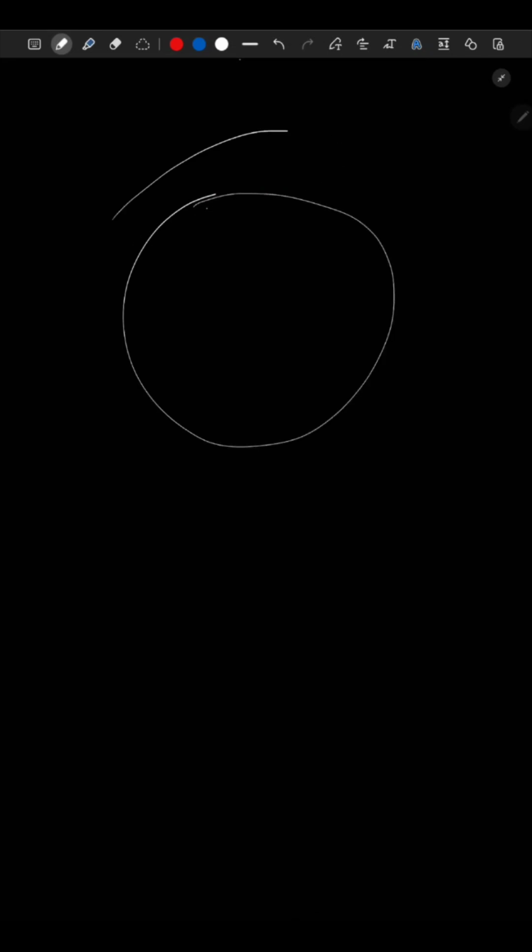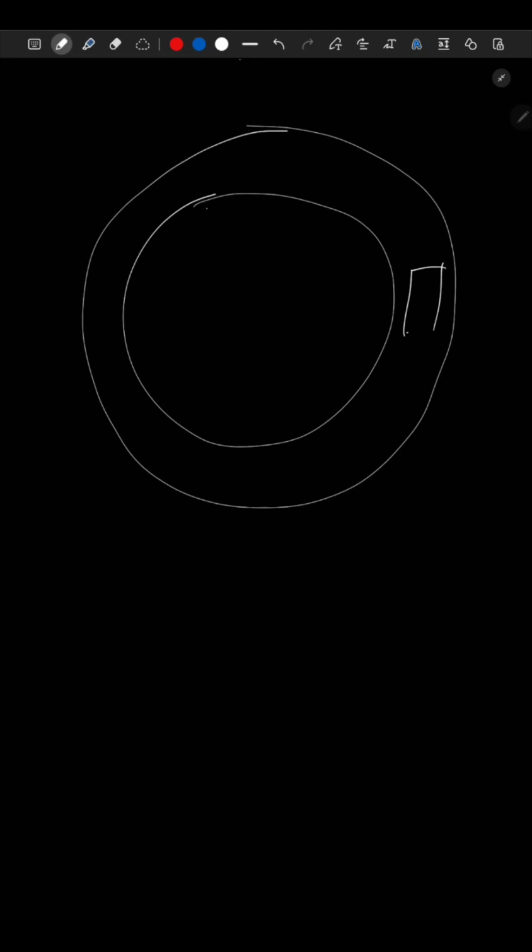Another application of circular motion could be a car going around a roundabout. So this is a roundabout. Here's your car. You are turning in the direction of a circle, and your speed would be tangential. Let's call it v.